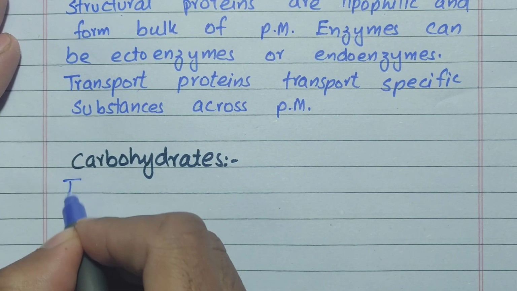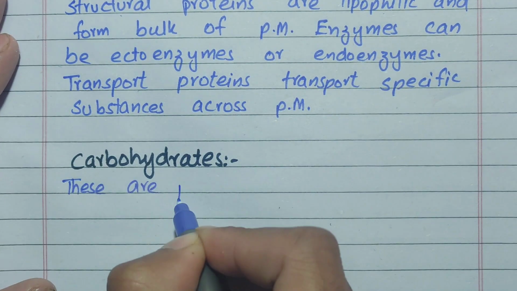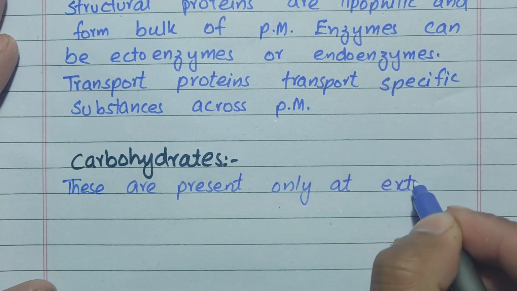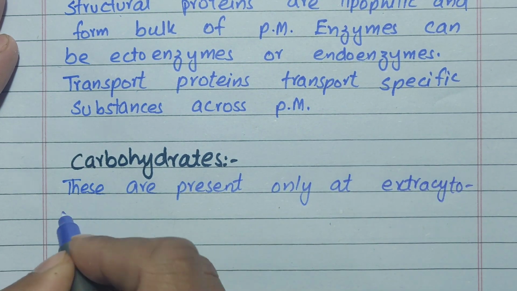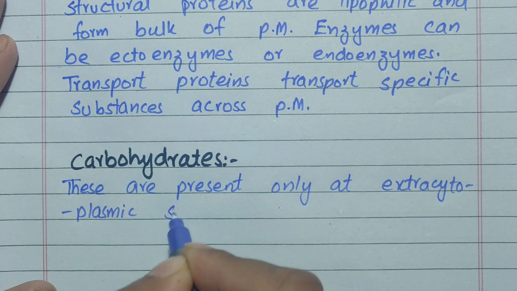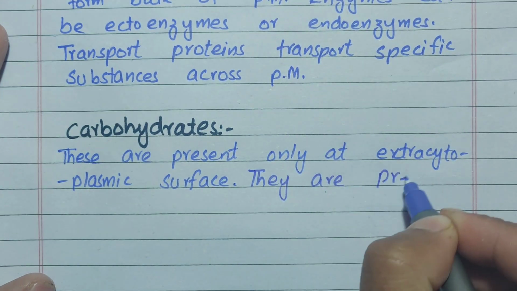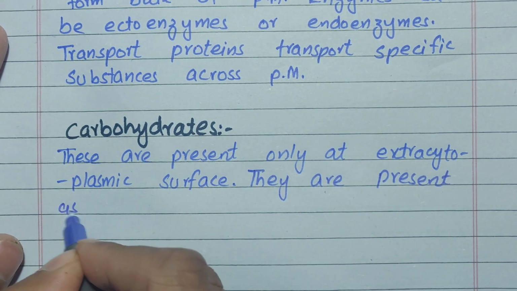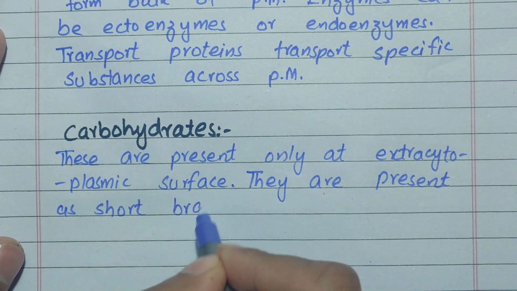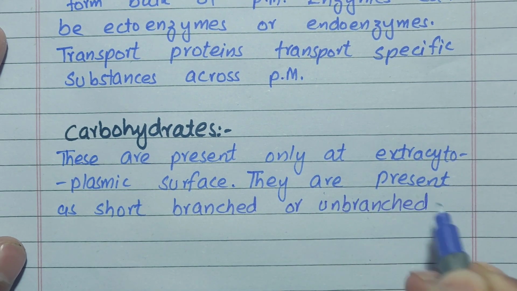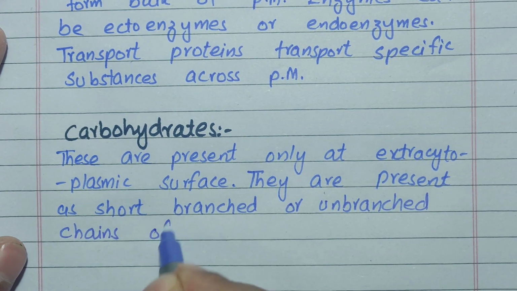Carbohydrates of plasma membrane. These carbohydrates are present only at extracytoplasmic surface. They are present as short, branched or unbranched chains of oligosaccharides.